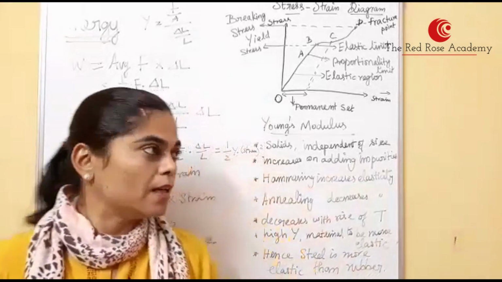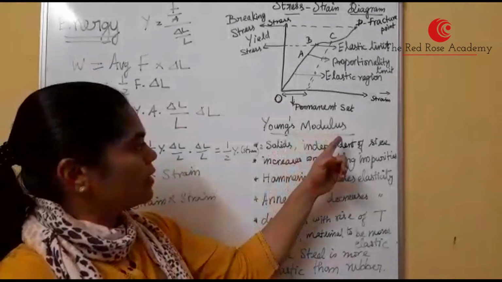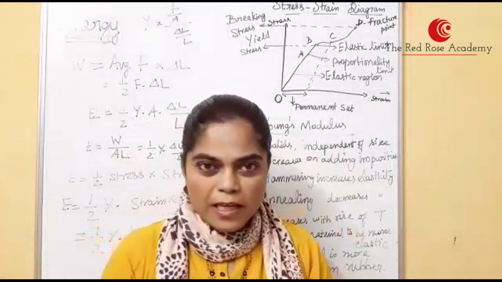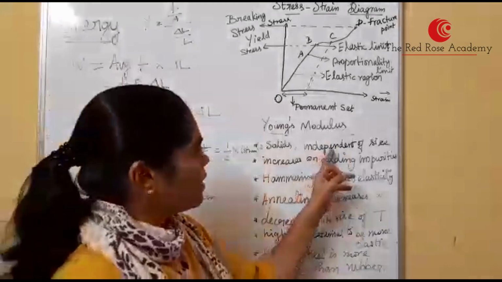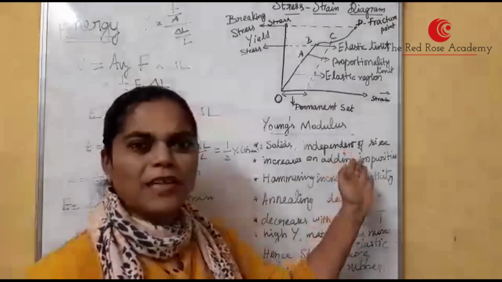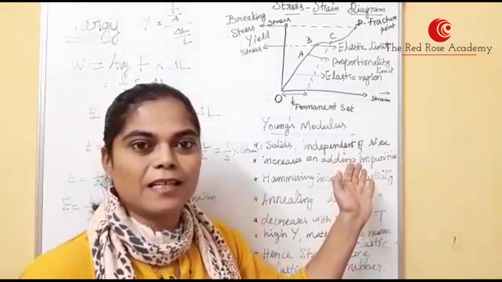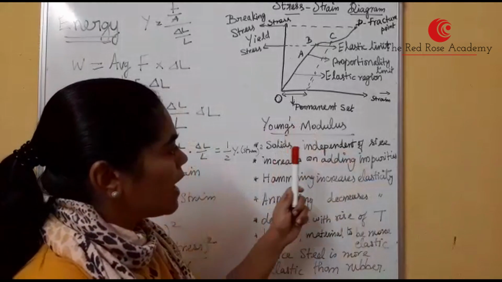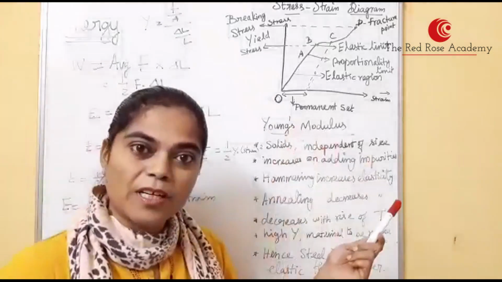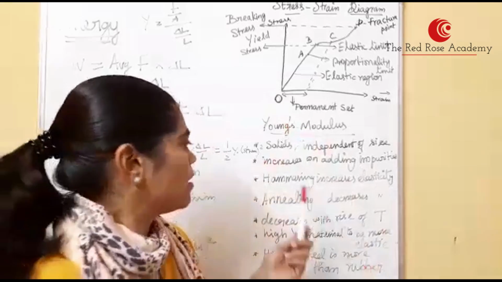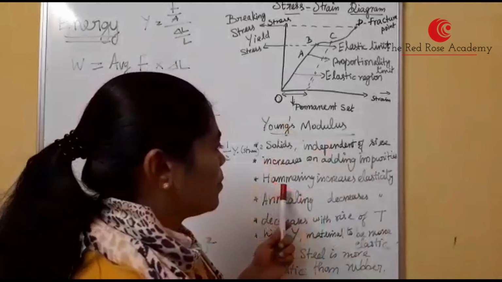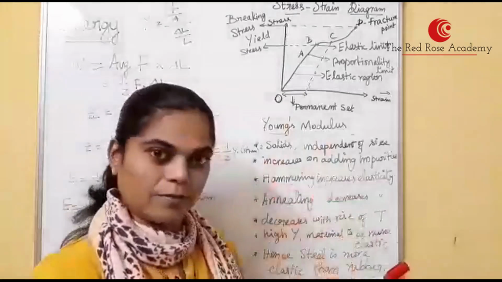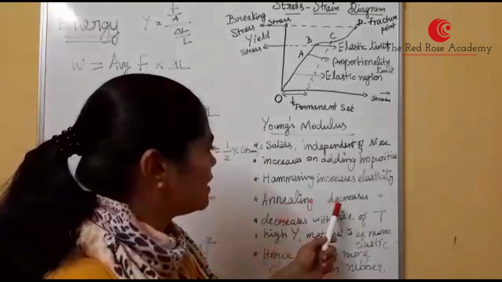We have seen this yesterday. Young's modulus is seen only in solids, and it is independent of the size of a material. Young's modulus increases on adding impurities. If you hammer the material, it increases its elasticity, and annealing decreases elasticity.